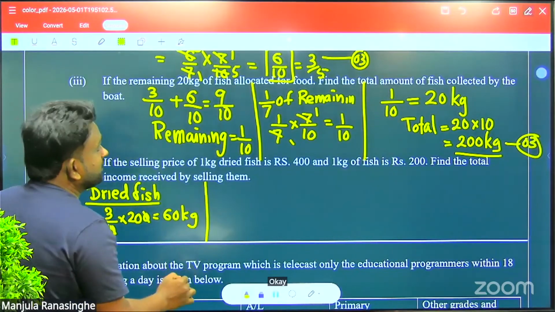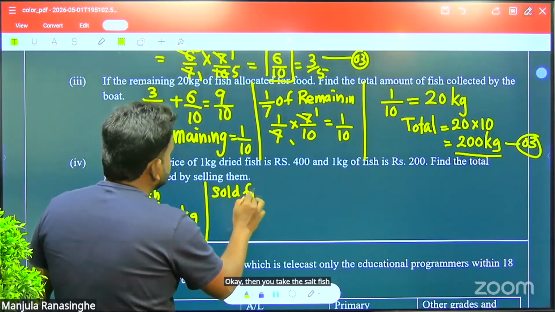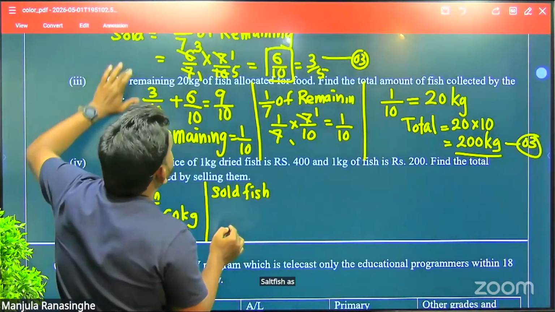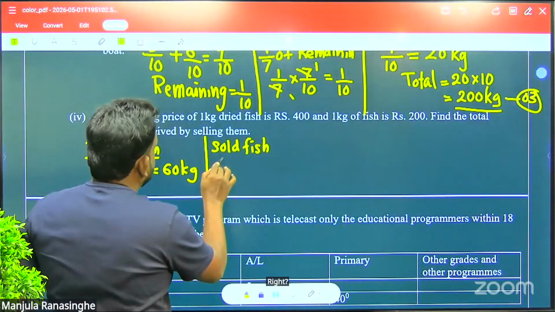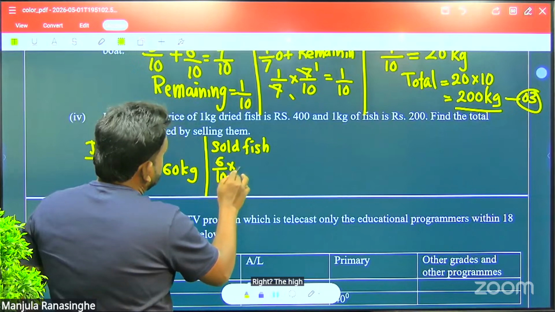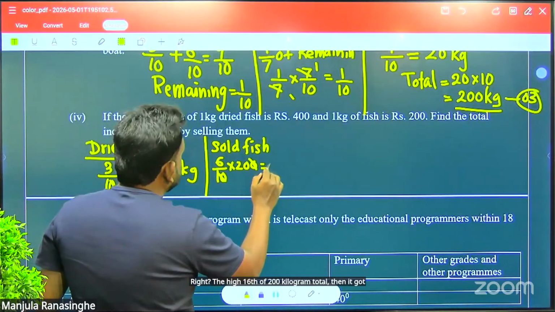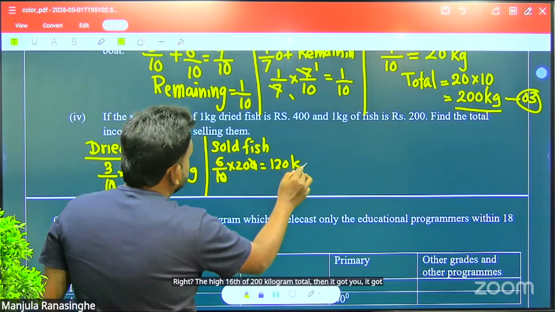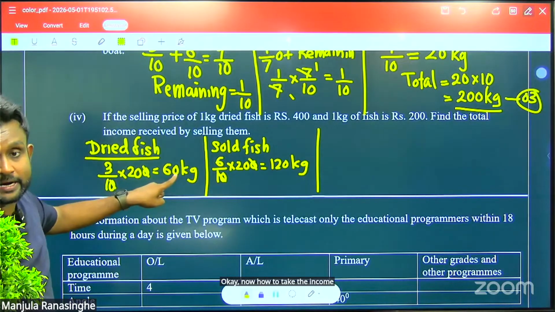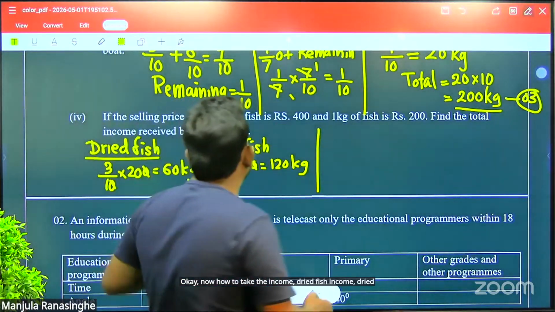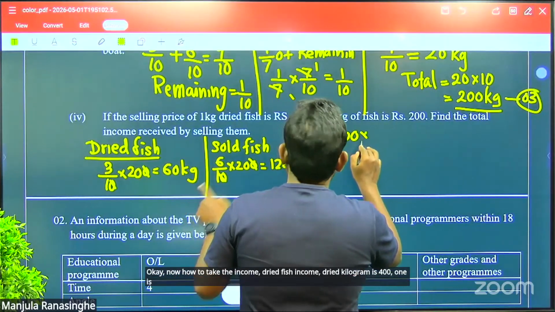Okay, then you take the salt fish. Salt fish, what fraction did we get here? 6/10. Right, 6/10 of 200 kilogram total. Then you get 120 kilogram. Okay, now how to take the income? Dried fish income. Dried fish kilogram price is 400, 1 kilogram price.